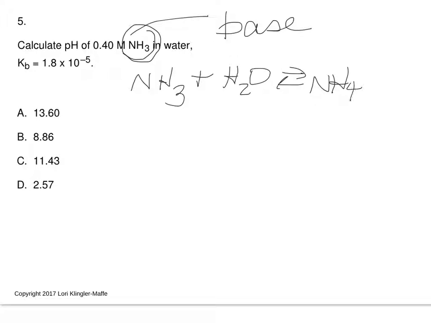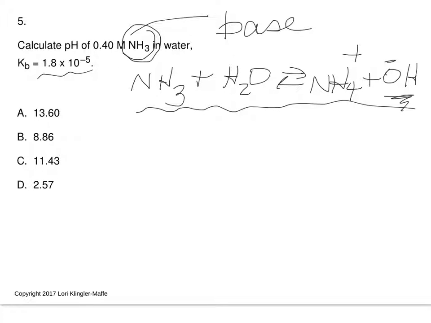And you make the ammonium ion and hydroxide. You'll always see hydroxide as one of your products if you have a base. I gave you the Kb value, so you set it up in a very similar style as you did a weak acid, but you have got to know how to draw this dissociation.